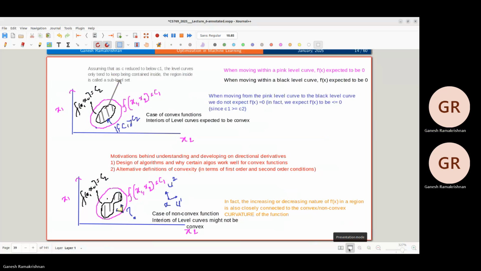Now, this curve along which the function has some constant value is called a level curve. There are multiple level curves sitting out here. I have drawn in shades, but you can imagine a level curve out here, another out here, and so all the level curves are stacked up. So when moving within a pink level curve, you would expect f'(x) to be 0.